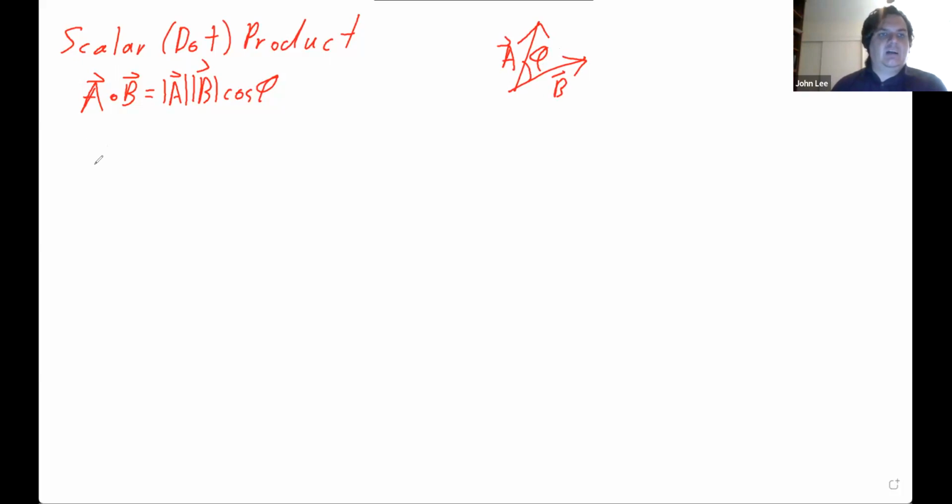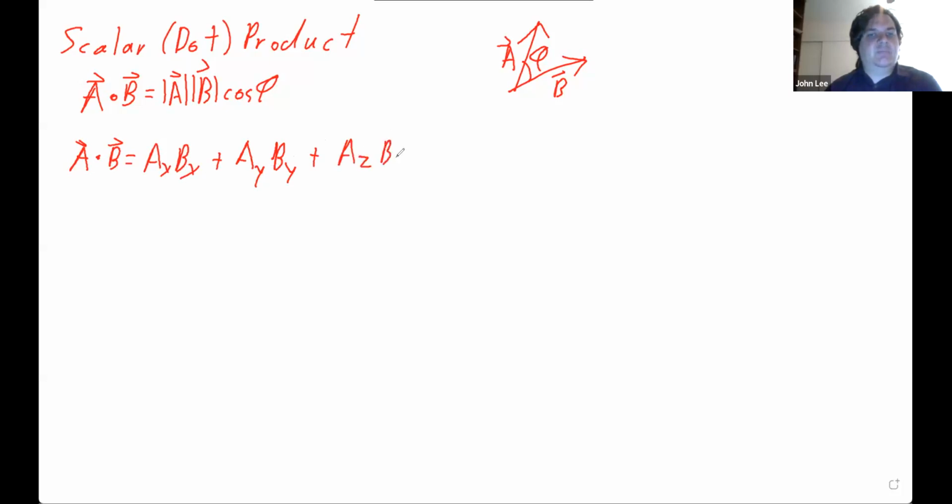I'm not going to really derive how they came up with this, but what this actually means is that A dot B equals AX BX plus AY BY plus AZ BZ, which is, as you know, not going to be a vector.